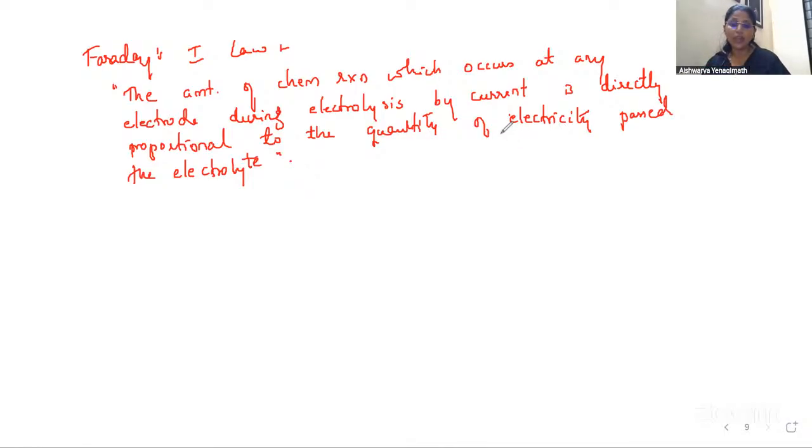If you take the example of a copper plating setup and pass a very small amount of current, only a little copper gets deposited. But if I pass more current, or pass current for a longer time, more copper will get deposited on the cathode.